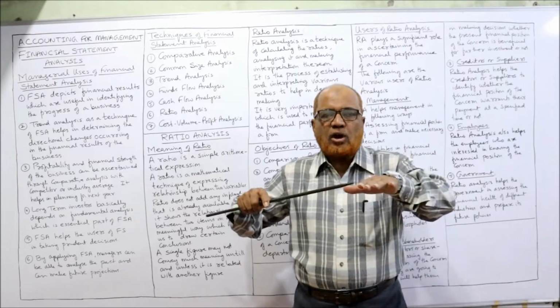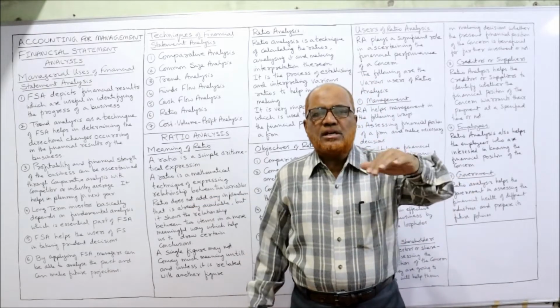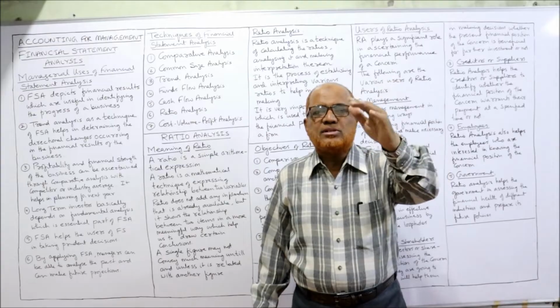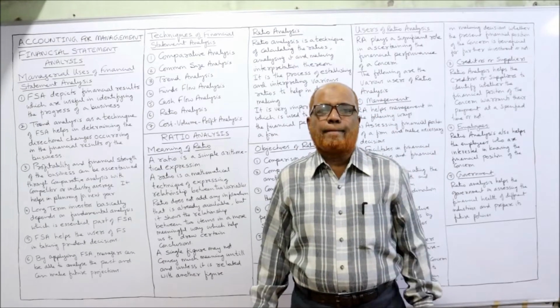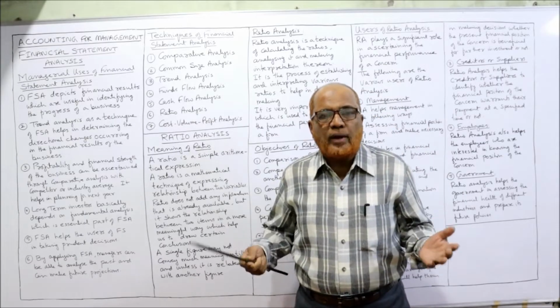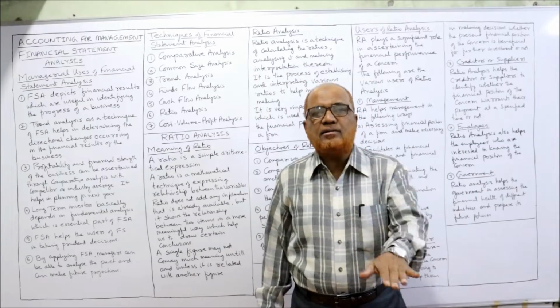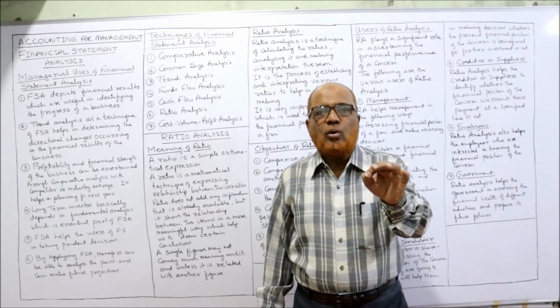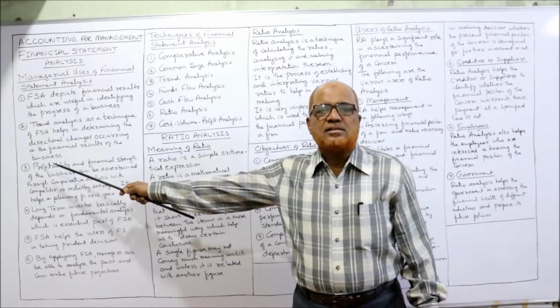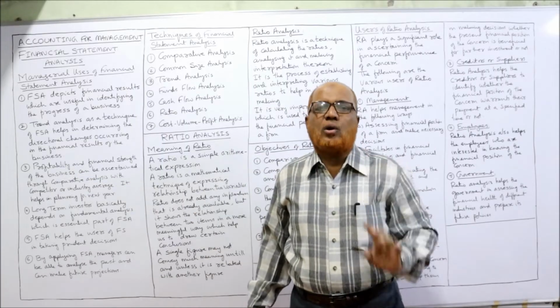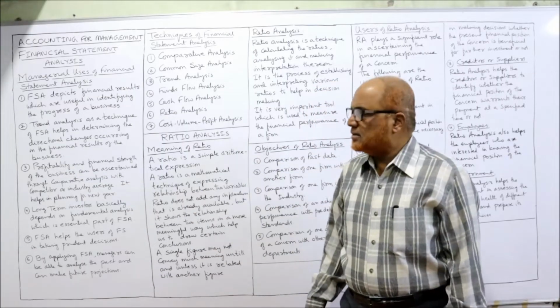Remember, the performance will not be stagnant. Sometimes there will be growth, sometimes there will be decline in the business. So whether the business is showing a growing trend or a declining trend, this can be known by using trend analysis, which is one of the techniques of financial statement analysis.